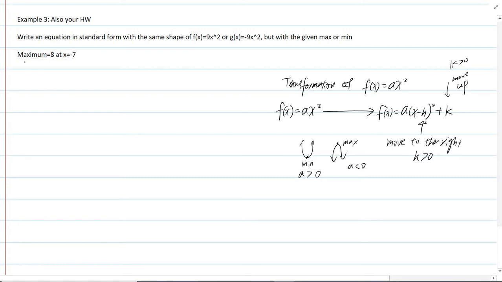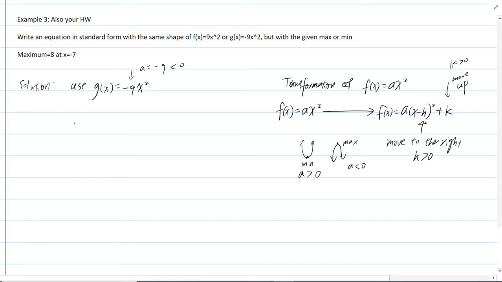So we look at f of x, where a is greater than 0, so we must use the g of x. G of x equal to -9x squared, because our a in this case is -9, that is less than 0. That is the only way we can produce a maximum.